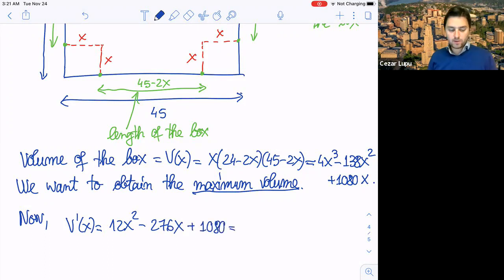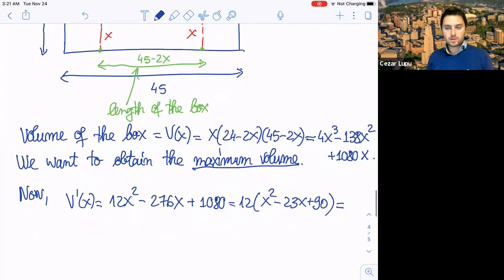And now we can factor this. We can factor a 12 here. So it's 12 times x squared minus 23x plus 90. Right? Or if you want, let's go further and look at this expression. Okay, let's do it slowly. Let's break this 23.